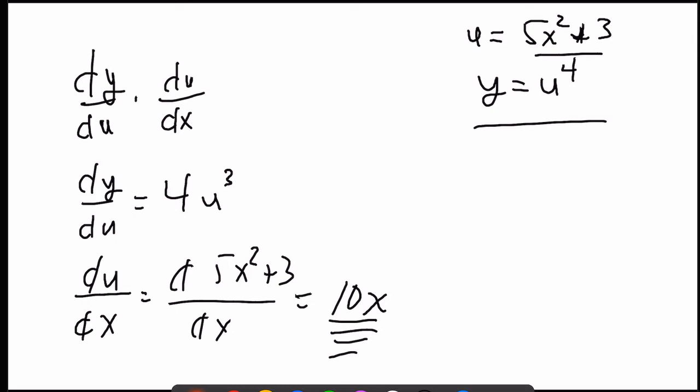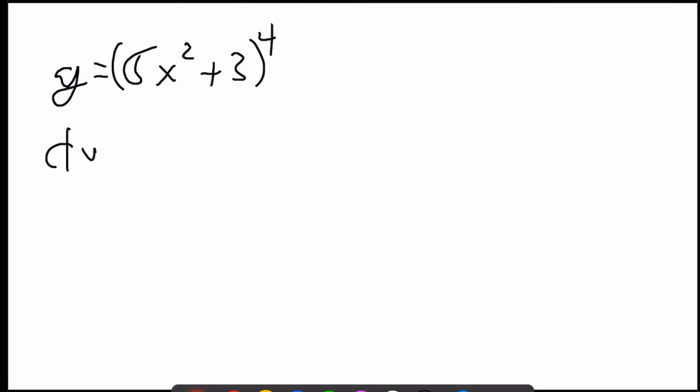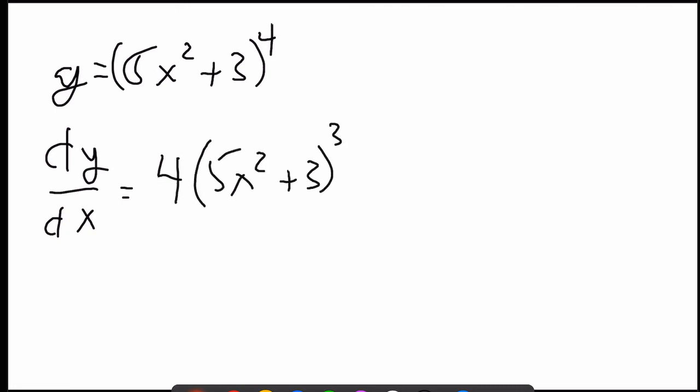I have a 4u cubed, which is 4 times (5x squared plus 3) cubed, and du/dx is 10x. Okay? So I had y equals (5x squared plus 3) to the 4th power. dy/dx is going to be 4 times (5x squared plus 3) cubed times 10x.